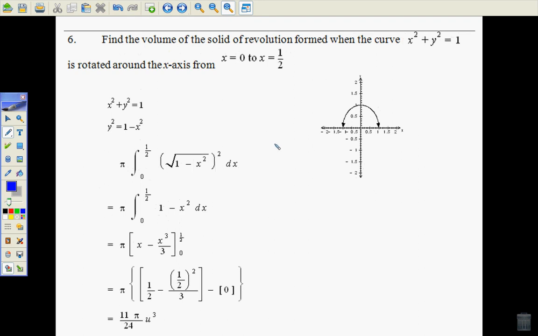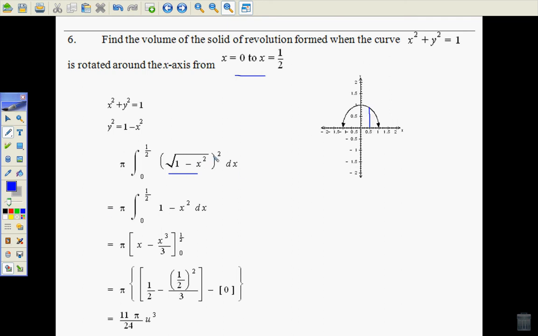Question 6, this one's an interesting one. We want to find the volume when the curve x squared plus y squared equals 1 is rotated around the axis. We can do it this way. We can look at it, we can see that with 0 to a half, because that's our limit, that part there is rotated around.